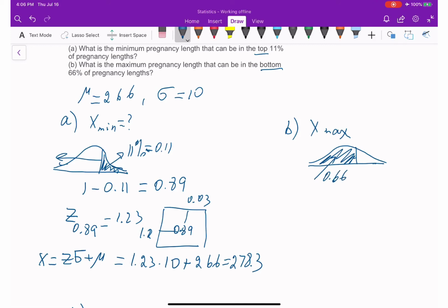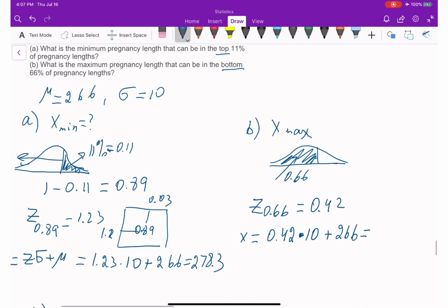Okay, so we don't need subtract because it's already left tail. So z score for 0.66, in the table you will find z score 0.42, and from here X is going to be equal z score 0.42 times sigma, it's going to be 10, and plus 266, and we are getting 270.2. Okay, this is the answer.